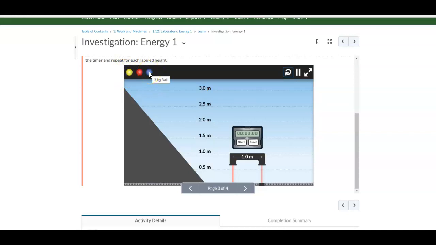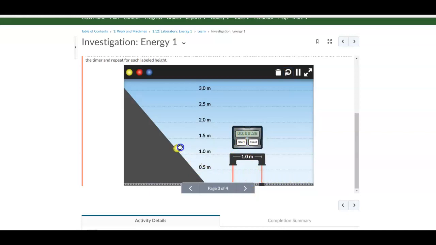This is the 3 kilogram. So the yellow is the 1. Okay, so this is the lightest ball. And we're starting it at 0.5. So on your data chart on your page, look where you are and see what you're writing down. 1 kilogram ball at 0.5. I'm releasing it. It takes 0.36 seconds.